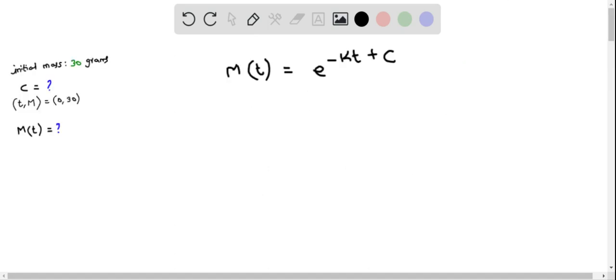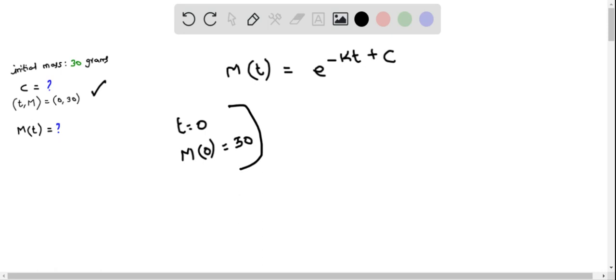But here we have to determine the value of c. For this, I'm going to use the initial value, that is t comma m equals 0 comma 30. That is, at t equals 0, m of t equals 30. So m of 0 equals 30.